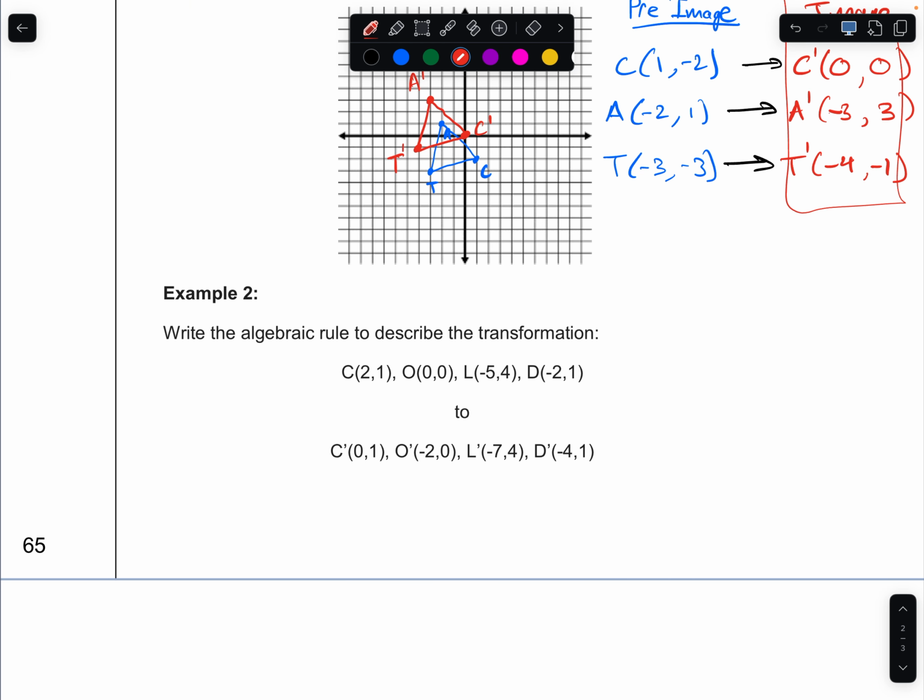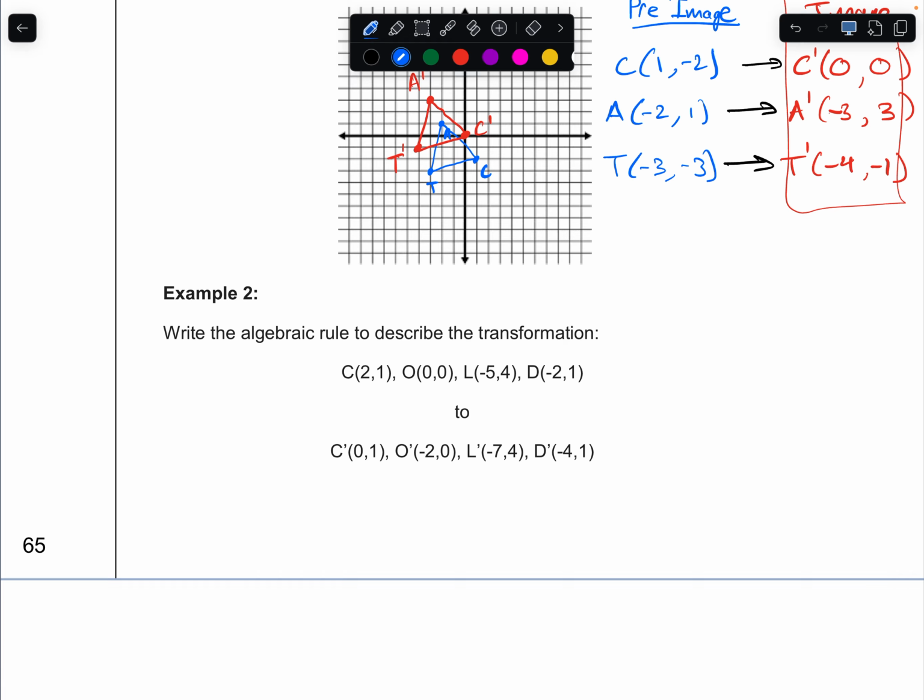Last example, I might just give you ordered pairs and no graph, but you can still use that algebraic rule. Just see what's happening to the X coordinate, what's happening to the Y coordinate. We're going to assume this is a translation, since that's the only transformation we're learning about in this lesson.